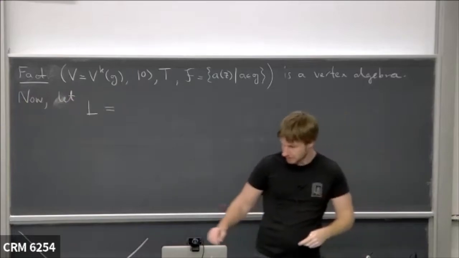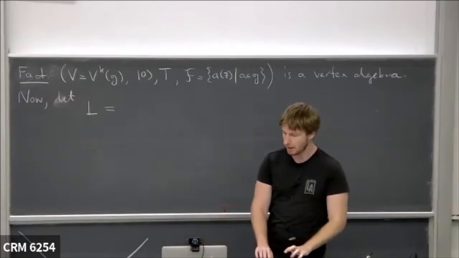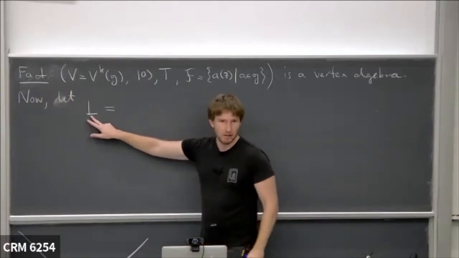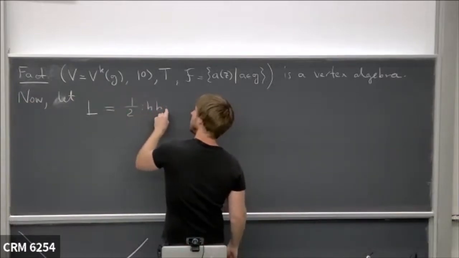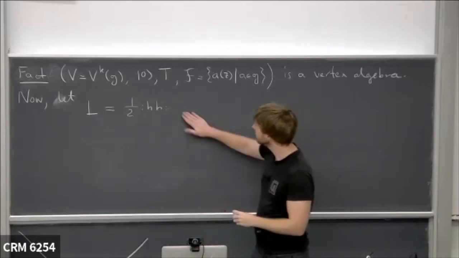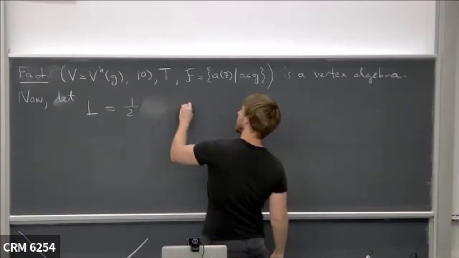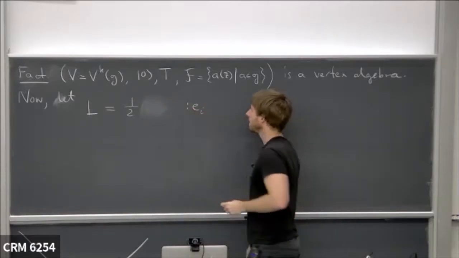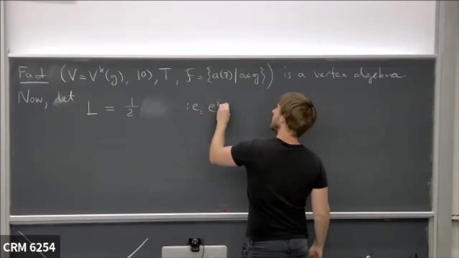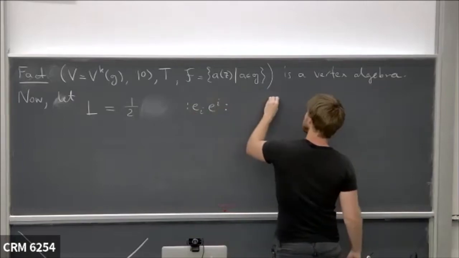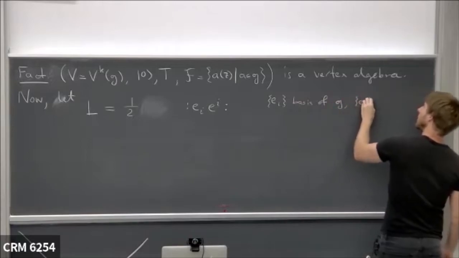So we can imitate the construction that I did in quite a bit of detail in the last lecture of a Virasoro element. So remember last time I had a half normally ordered product, this guy H with H. So in this case, what we want to do is take some elements of a basis in the Lie algebra and then take the corresponding dual basis of G, e^i.